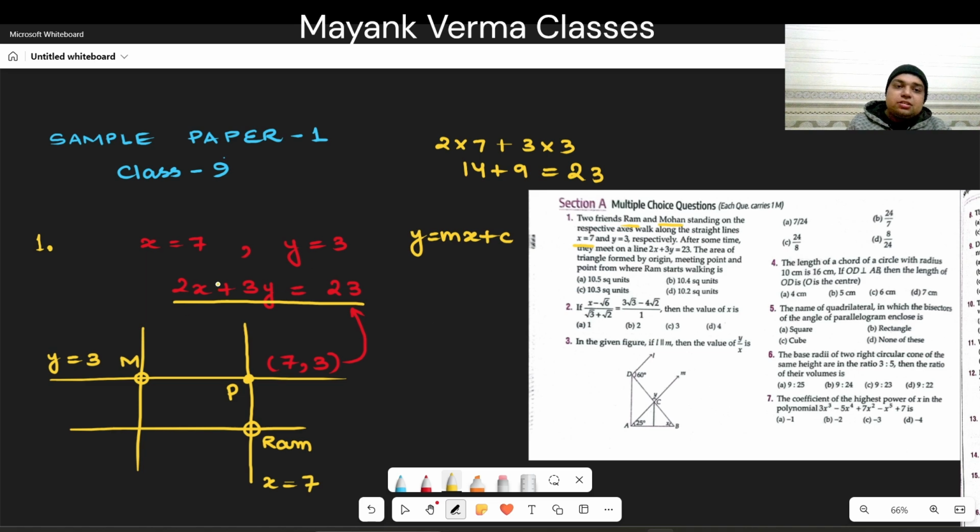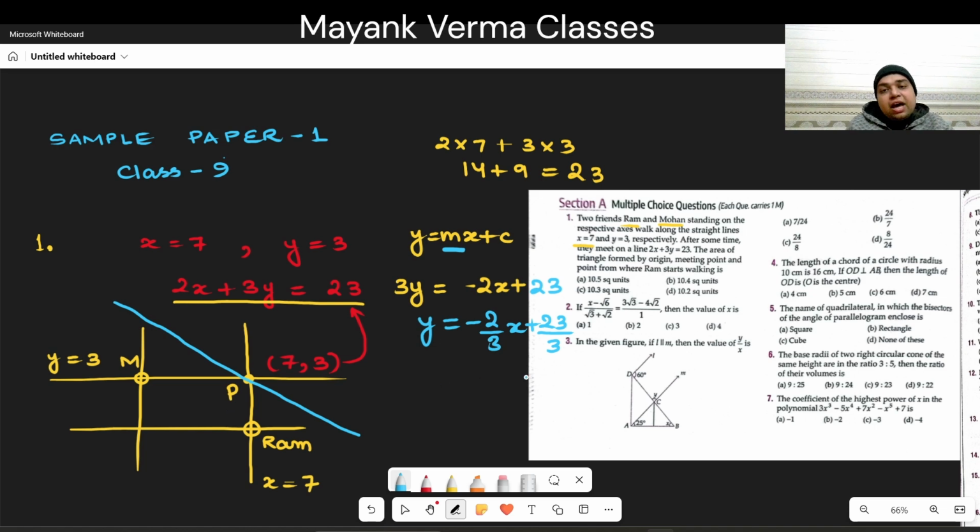So if I convert this into the standard form, you will get 3y = -2x + 23, and y = -(2/3)x + 23/3. So my slope m is negative. My graph will look like this and it will pass through point P, because P is the solution. Now we are able to plot all the lines.